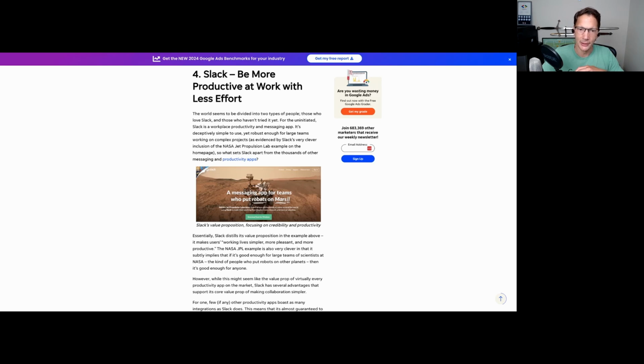It actually required a lot of effort in order to get the value out of it. I also think there's a general apprehension for people using new tools at work. Even if they say you'll be more productive, it's like, oh, well, if I invest all this time. No. You're going to be more productive with less effort.